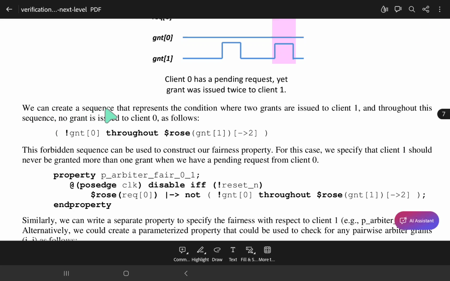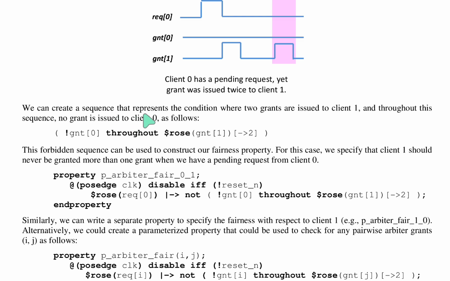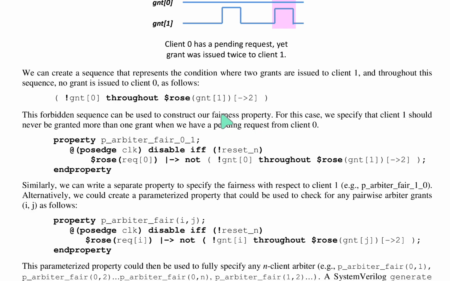We can create a sequence to represent the condition where the 2 grants are issued to client 1, and throughout this sequence, no grant is issued to client 0, as follows: grant 0, not grant 0 throughout the rows grant 1 to 2.